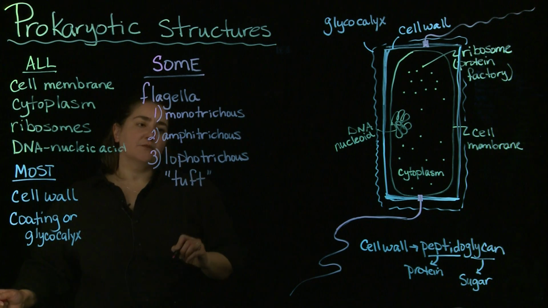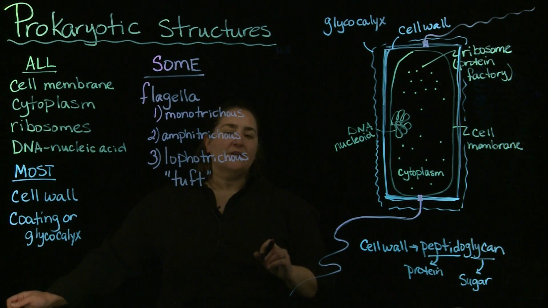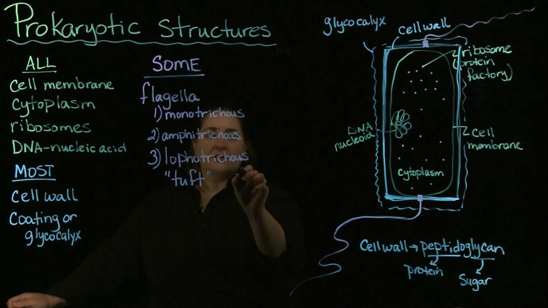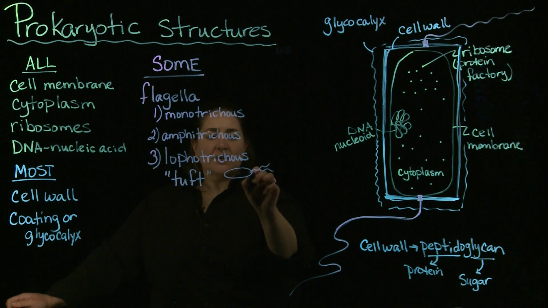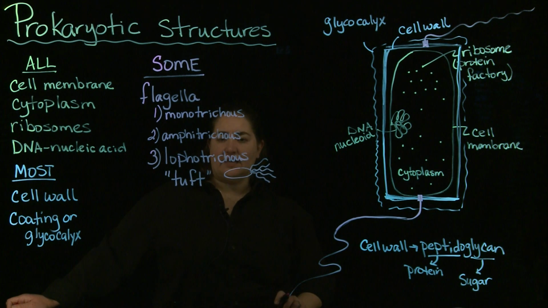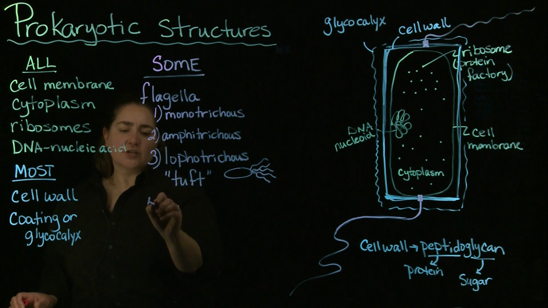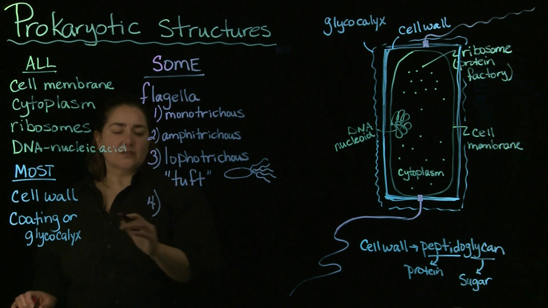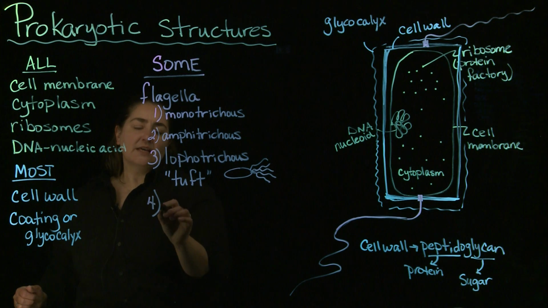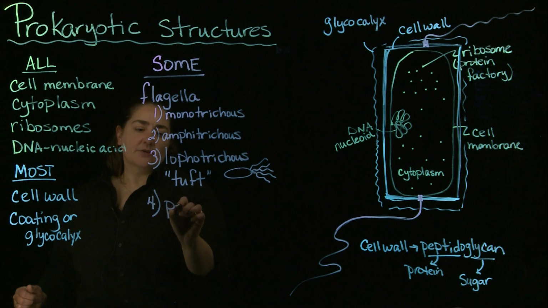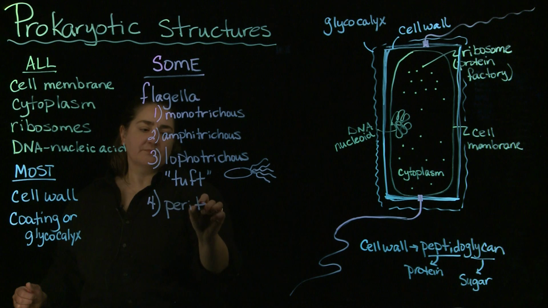Lophotrichous means tuft. So I'm not going to draw the tuft off of the bacteria here. I'll draw a little one here. Essentially you'd have multiple flagella coming off of the end like that. That would be our lophotrichous flagellar arrangement. All right.